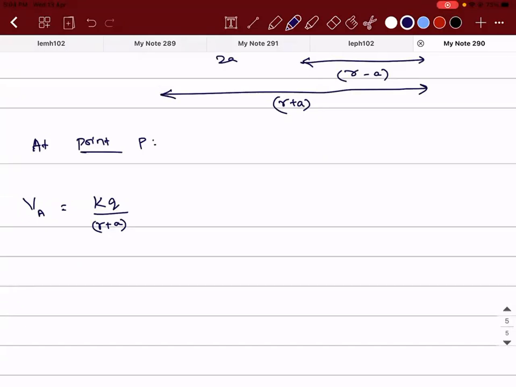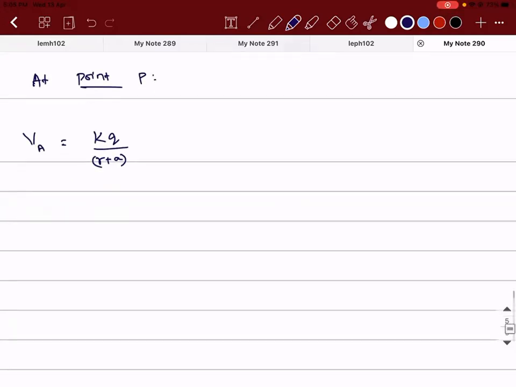There is no direction at all, because it's a scalar quantity. So don't make that mistake. There is no direction associated with it. So that is the potential due to the charge at point A.